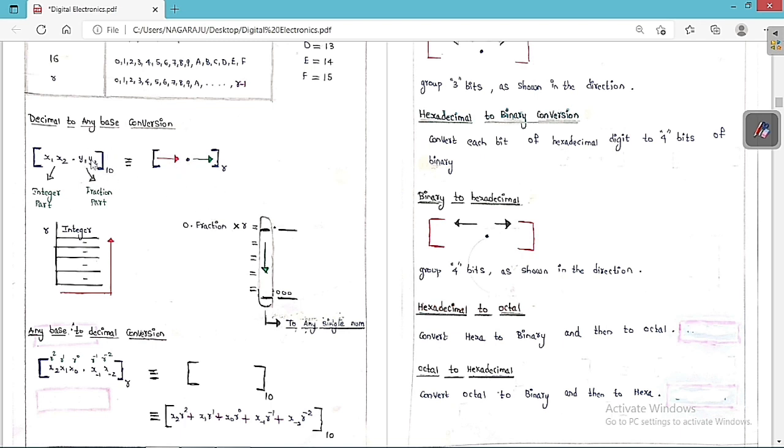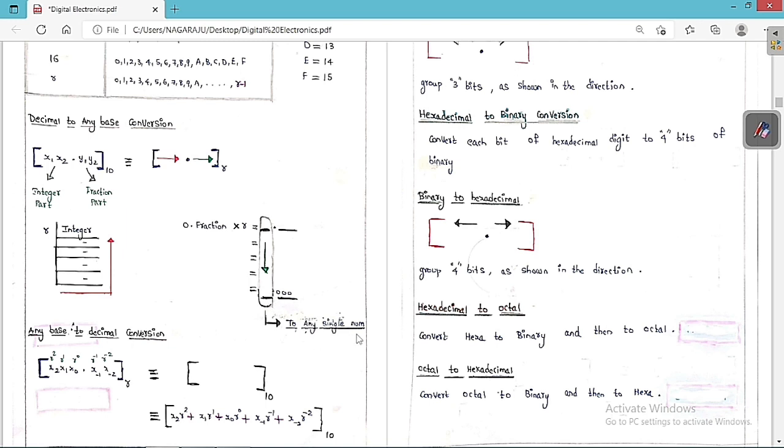You take the fraction part, which is 0 point something, and multiply it by this base r, this radix r. Then you are going to get some number. You again multiply, and keep multiplying until you get a single number.